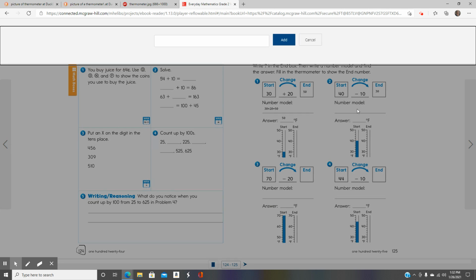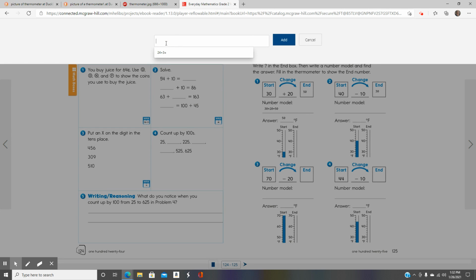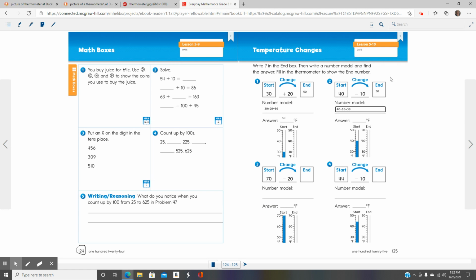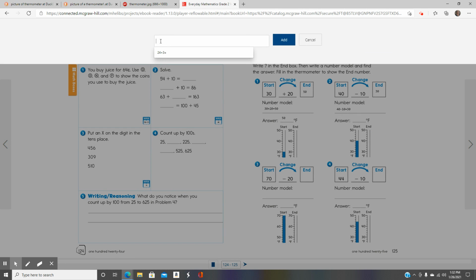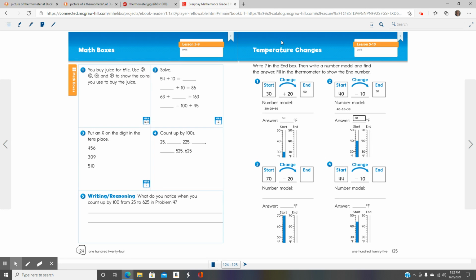And then our number model would be 40 minus 10 equals 30. And then, of course, our answer would be 30 because we just subtracted, didn't we?